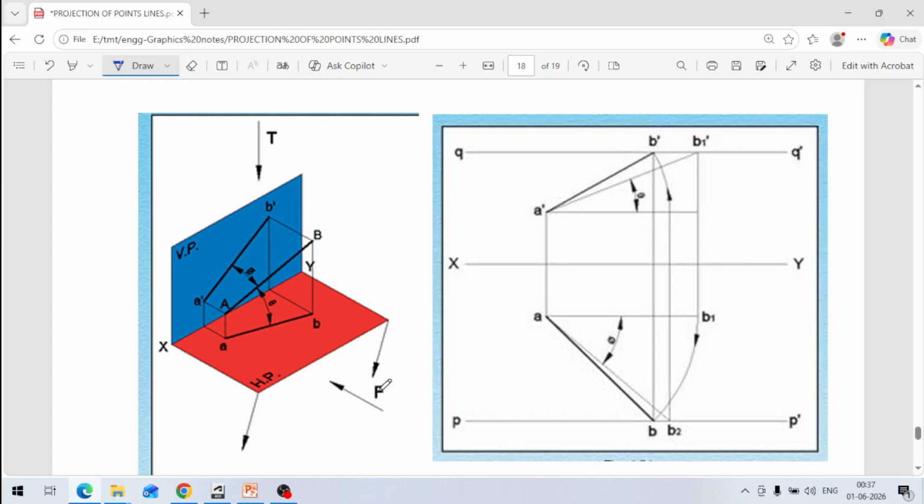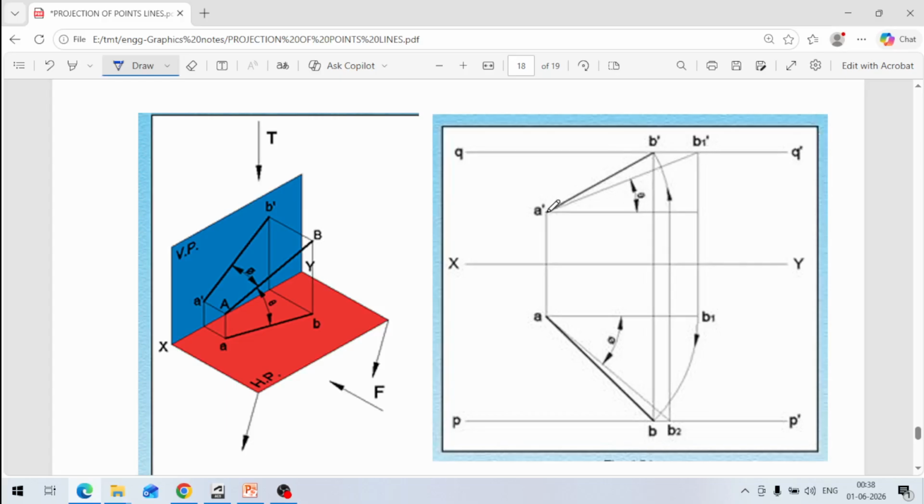In this case, I have to take this angle theta in the vertical plane. At this angle I draw a line like this, and we take the true length.